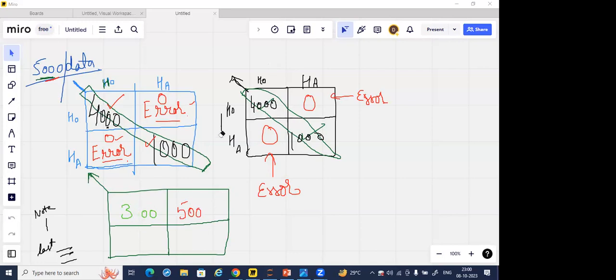I want to change it a little bit. This is too high a figure. Let's say 3,800 rows or forms are filled correctly, and 200 forms I find out are not filled correctly. 200 forms are not filled correctly.